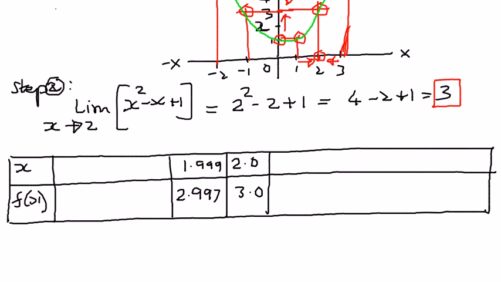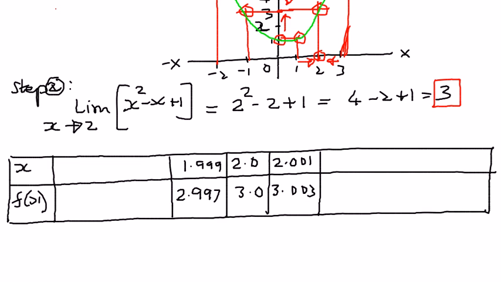On the other hand, if I pick a point very close to 2 on the right hand side, a little larger than 2, which is 2.001, then the corresponding value of the function is going to be 3.003. As you can see, just on the left is 2.997, very close to 3. On the right hand side, the value of the function is 3.003, which is very close to 3.